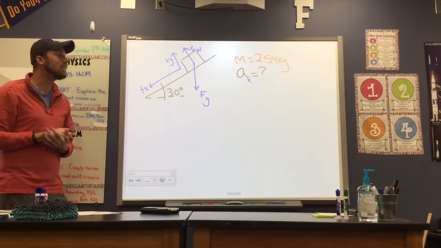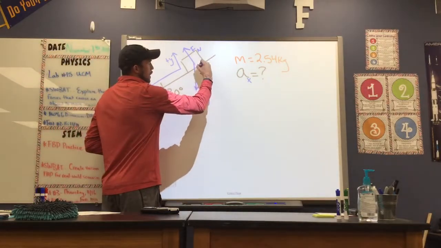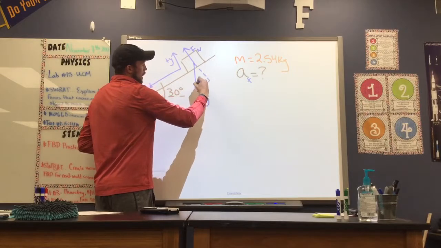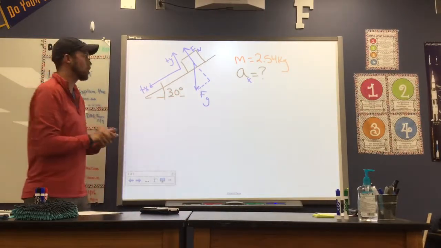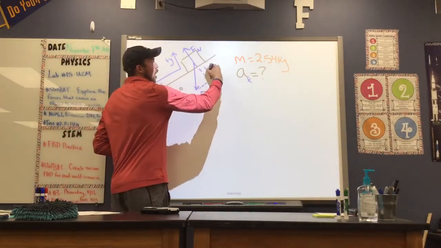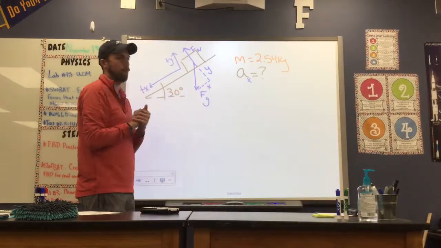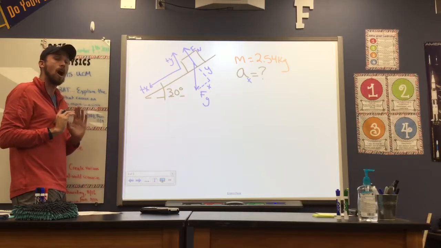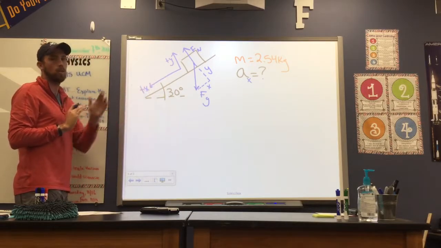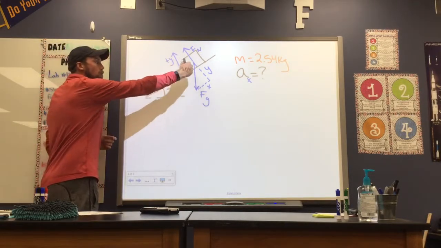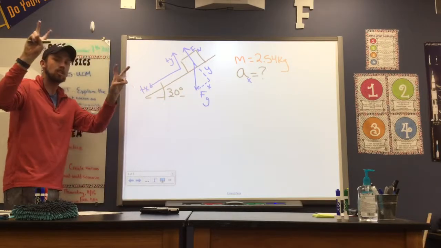Now eventually we're going to need to break our force of gravity into its components. There's going to be a y component of that force and an x component of that force. And if you'll remember, our block, according to our new coordinate system, is only going to move in the x direction.